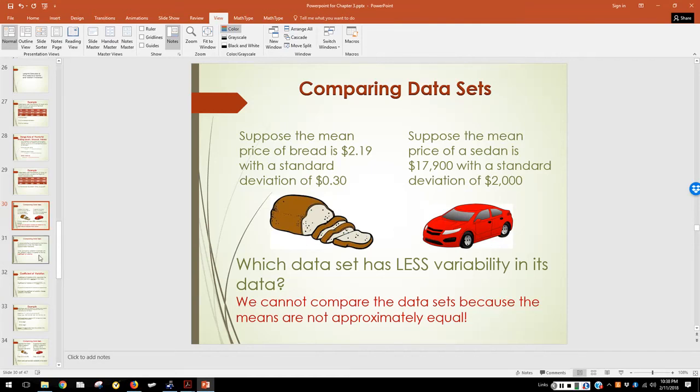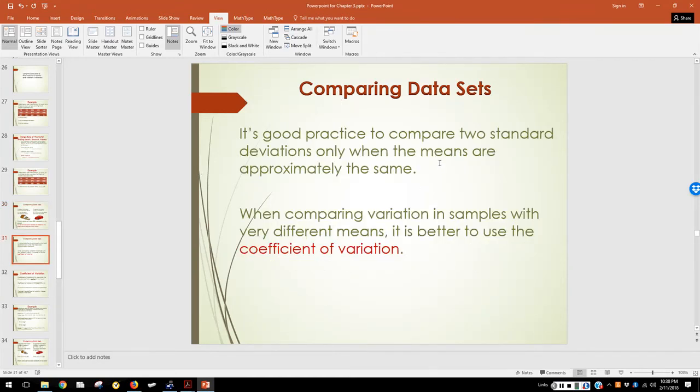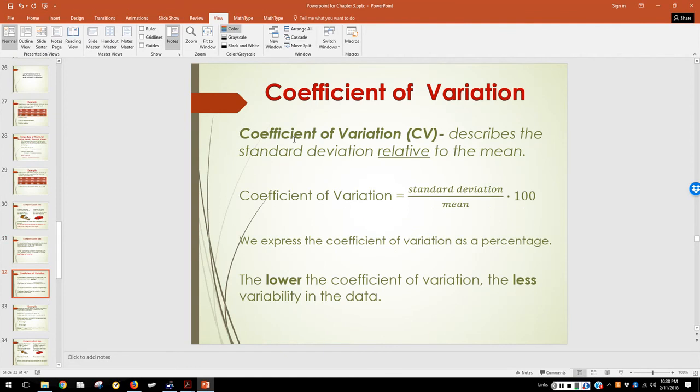So you only compare the standard deviations when the means are approximately the same. When we're comparing variation in samples with different means, it's better to use something called the coefficient of variation. The coefficient of variation describes the standard deviation relative to the mean.